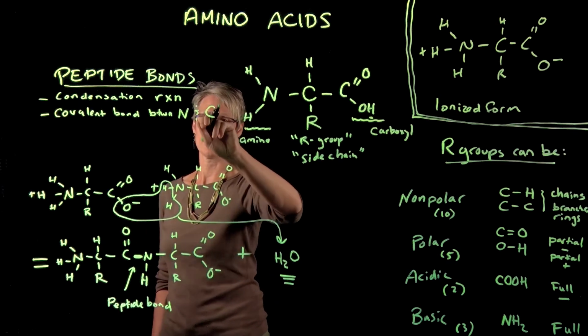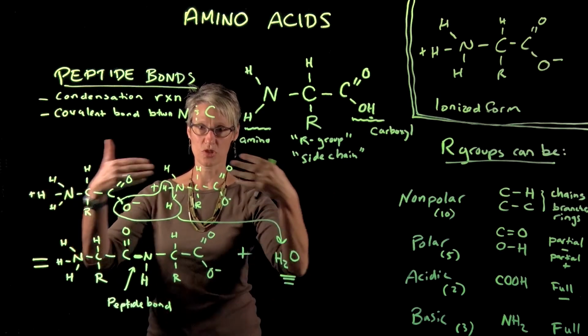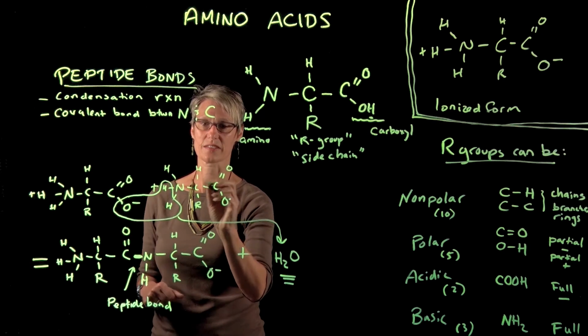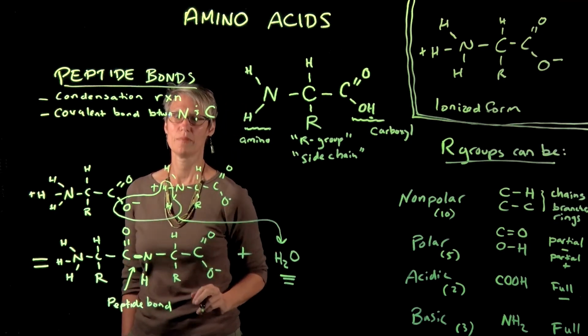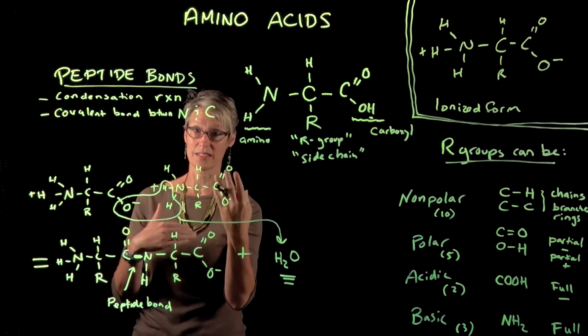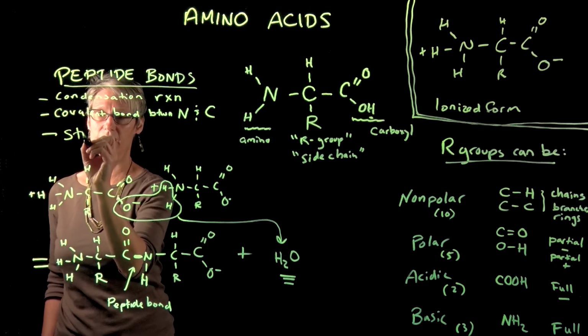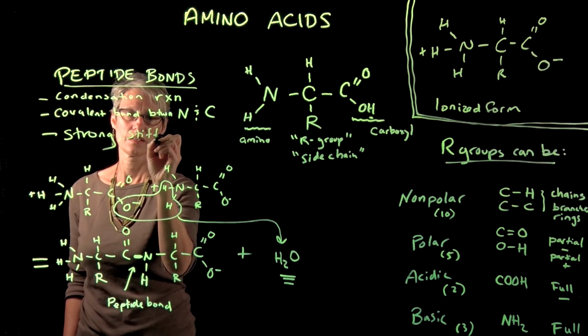I'm not going to write amino and carboxyl because I'm kind of out of room, but that has to be true. If you're joining two amino acids together, it has to be the amino N with the carboxyl C because it can't bind with the C that's in the middle of the amino acid. So it's a covalent bond between the N of one amino acid and the C of another amino acid. That's how you link them together. And peptide bonds are really strong, stiff bonds.